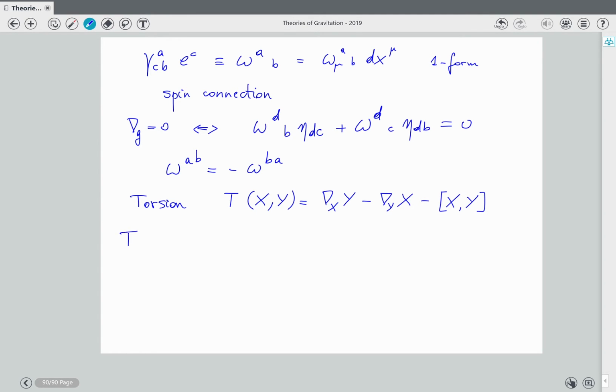And so we apply that to two vector fields, EA, EB, of the basis. And that will be del EA, EB minus del EB, EA minus the commutator of EA, EB.